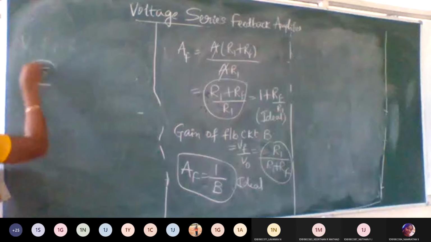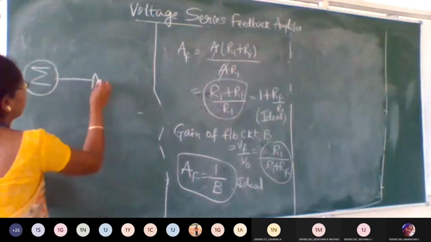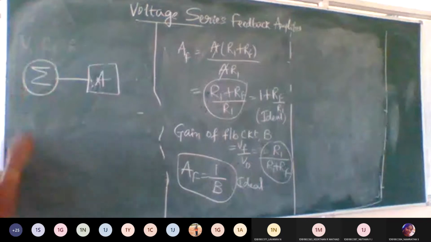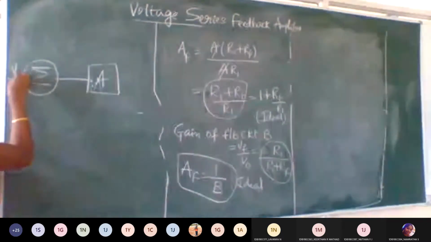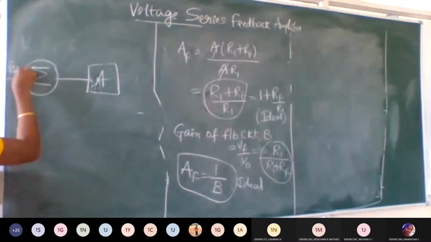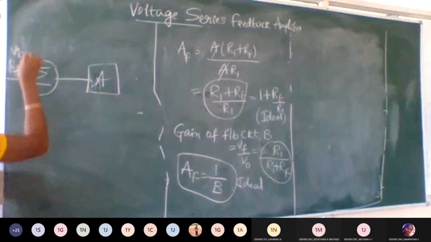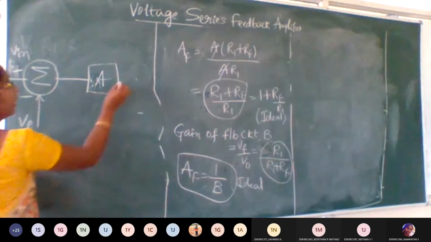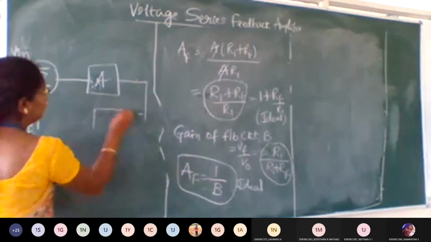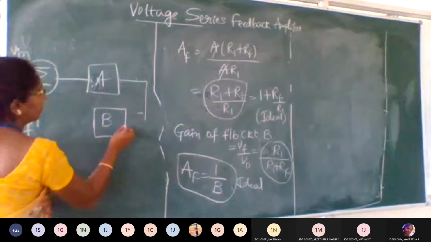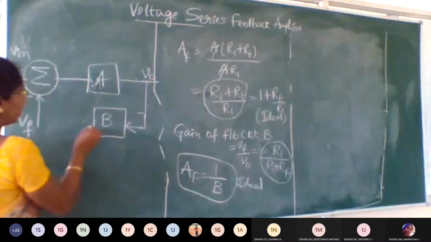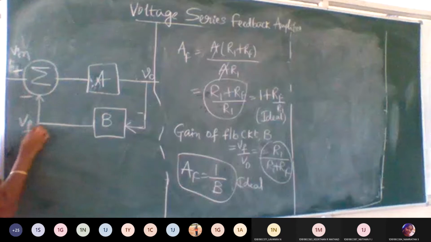Okay, that is a summation. You have the gain, open loop gain A. Here you are giving an input V in, that is positive. Positive is input terminal V in, and negative we have given a feedback voltage, negative feedback. So you have a feedback gain. The gain of a feedback circuit is B. You are feeding your output to the negative terminal of the input.